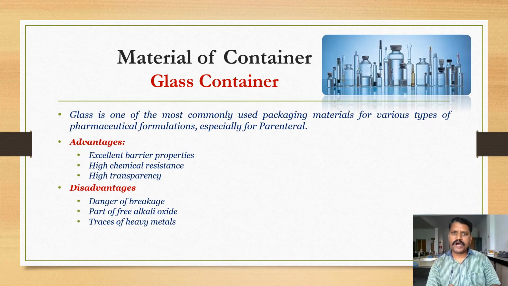Why? Because of its many advantages, such as excellent barrier properties, high chemical resistance and high transparency. So these are some advantages of a glass container, but it has some disadvantages.